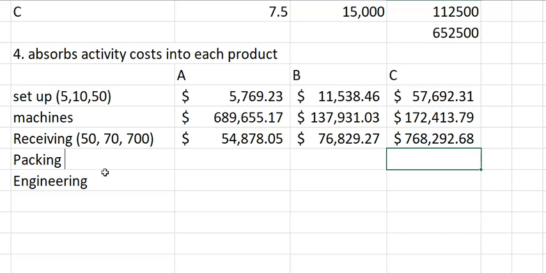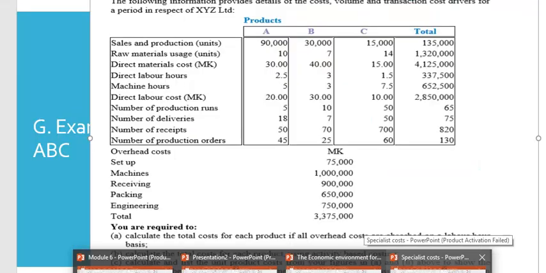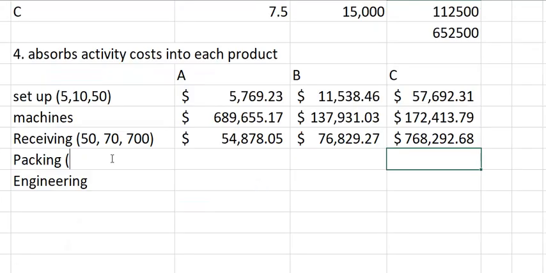Let's go to packaging. So packaging, remember the cost driver was number of deliveries, so 18, 7 and 50. So let's do it.